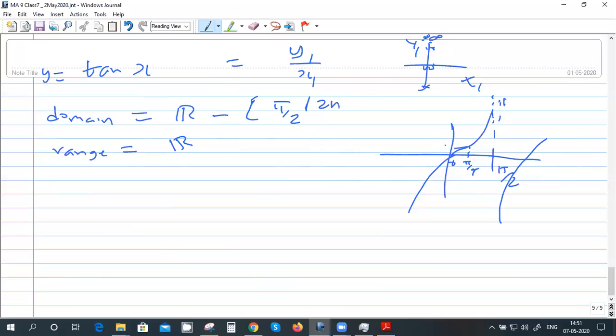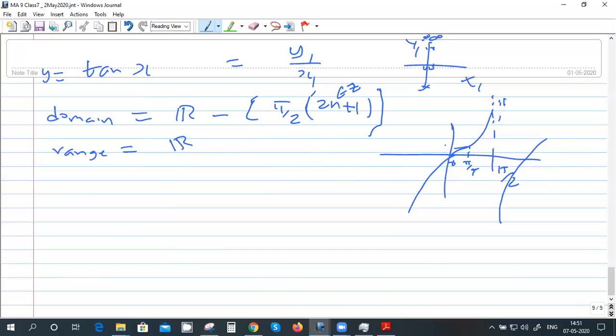In general, we can write (2n plus 1) pi by 2. These points should be removed from the domain. If you put n equal to 0, I get pi by 2. N equal to 1, I get 3 pi by 2. And then 5 pi by 2, like that. And if you say n is an element of the integers, you will also get minus pi by 2.